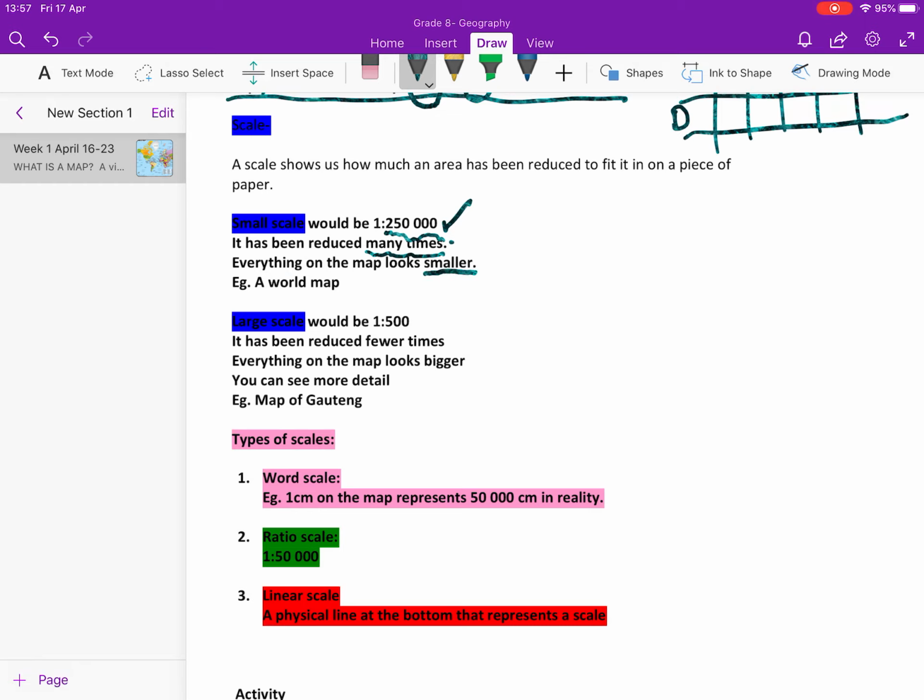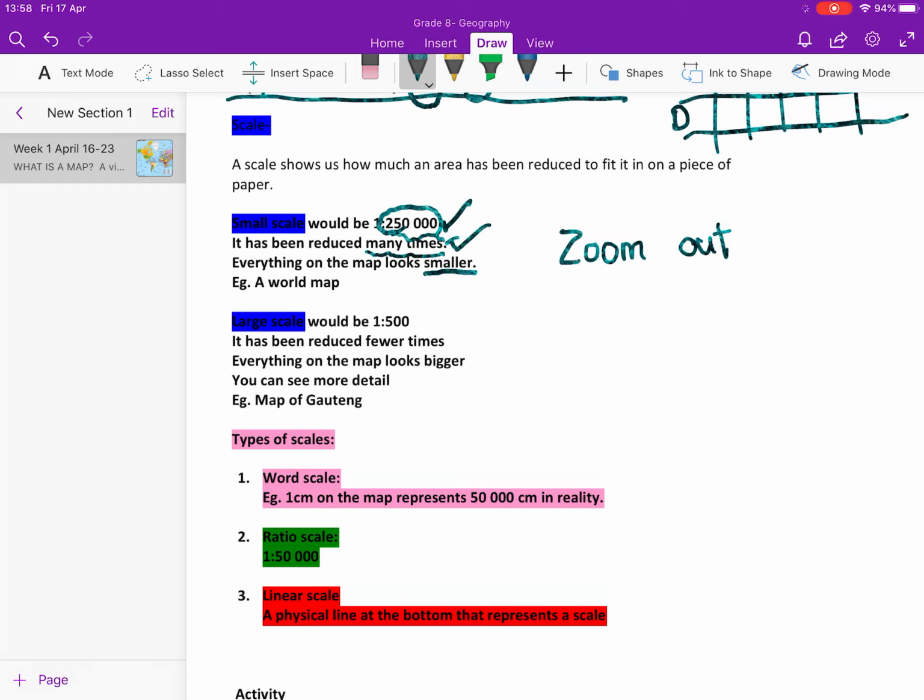So it will look smaller even though it has a bigger number. This is, for example, a world map. A world map needs to be zoomed out a lot in order for everything to fit onto one page. So it's been reduced many times.